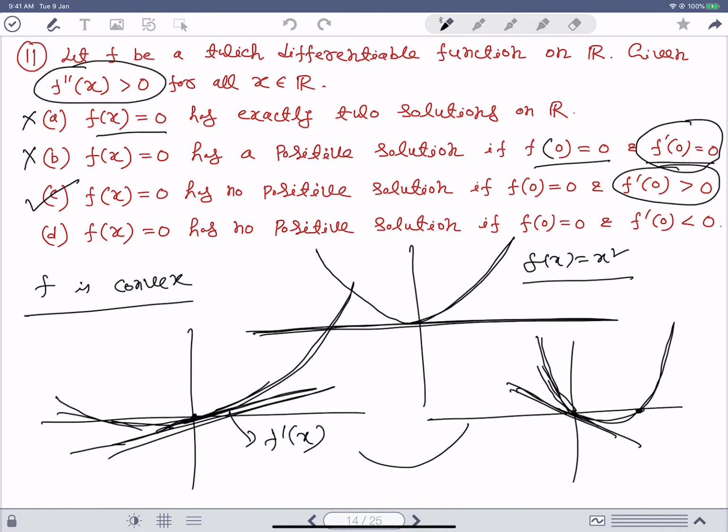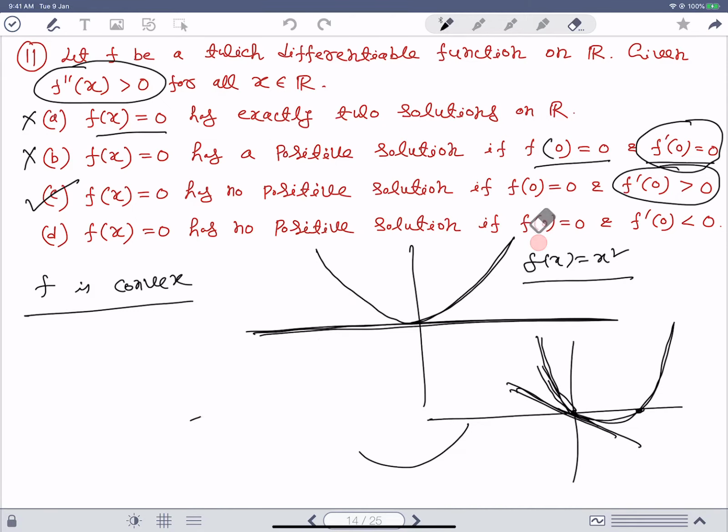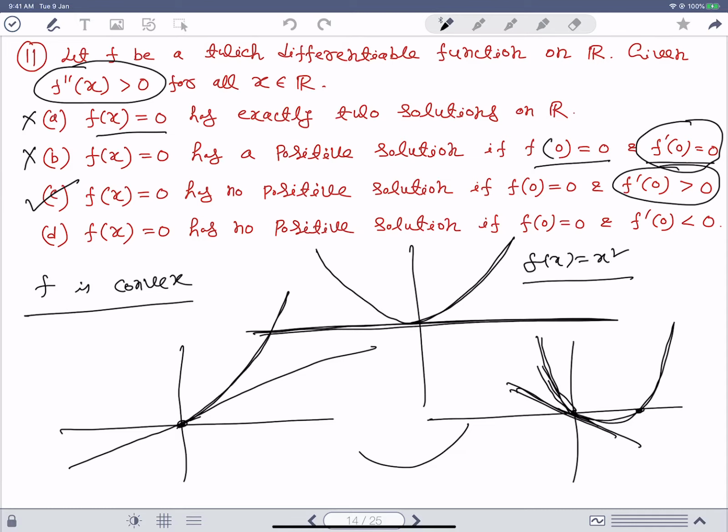Tangent is positive means we have this kind of tangent at 0. Now since the function is convex, therefore you should have this kind of function.